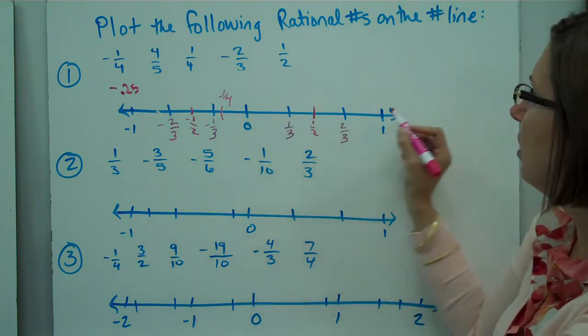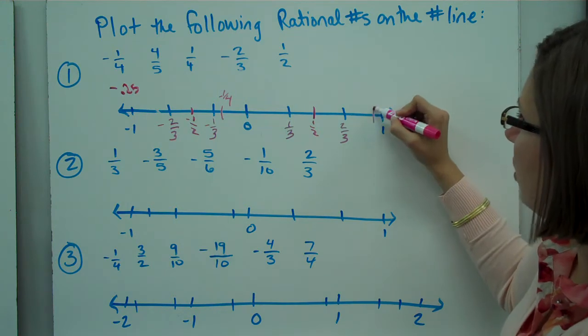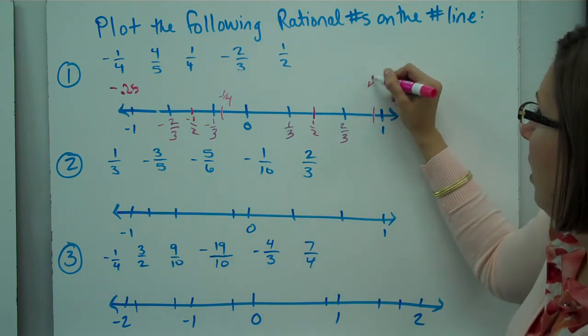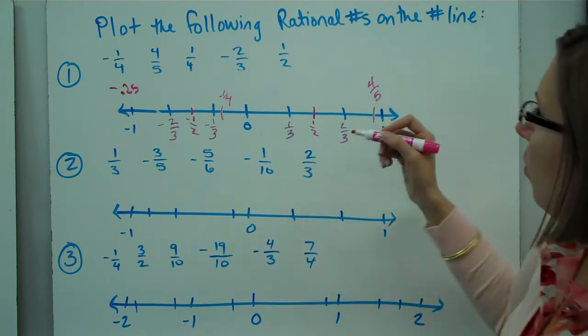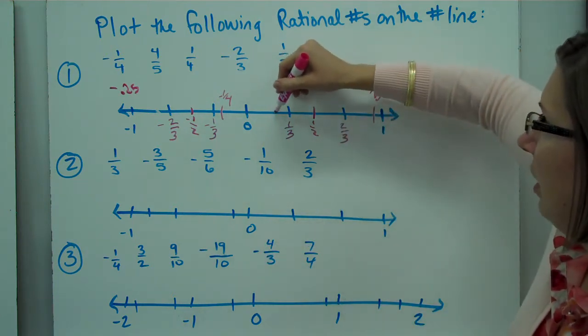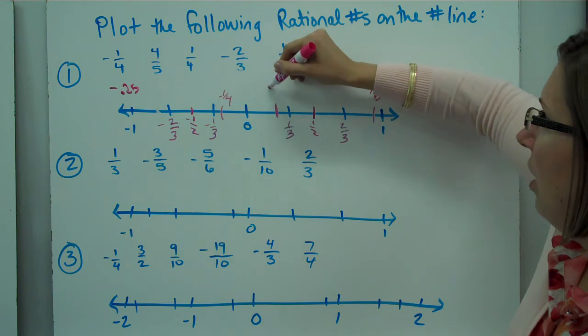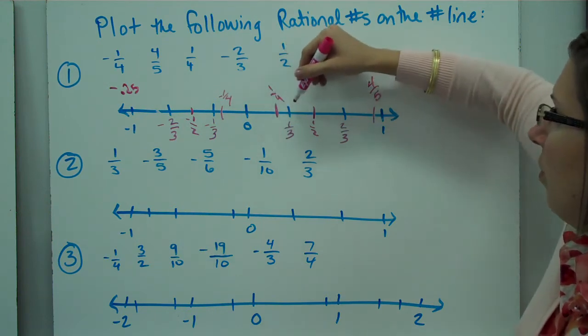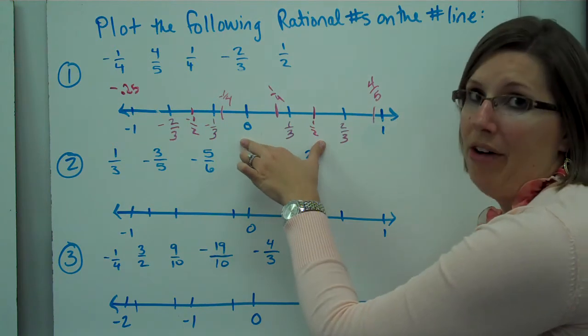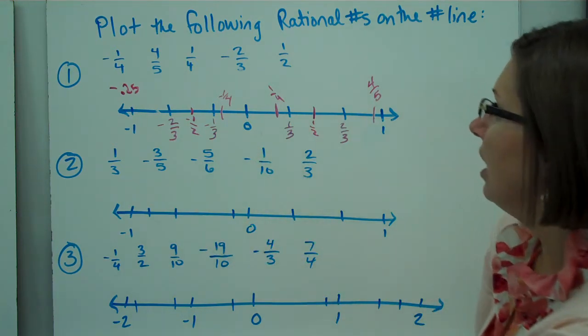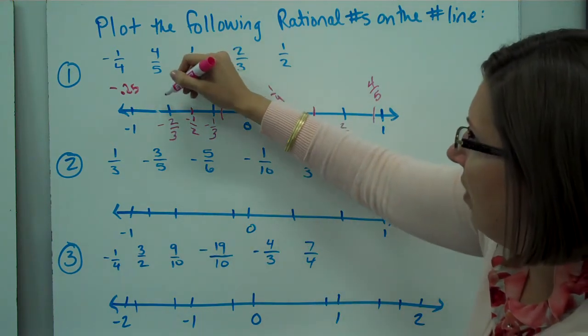4/5. 4/5 is almost 1, so I'll just draw a line about right there, and it's almost positive 1 whole. 1/4 would be approximately here. It's 1/4 of the way from 0 to 1, halfway between 0 and 1/2. Negative 2/3, well, I already have that there.